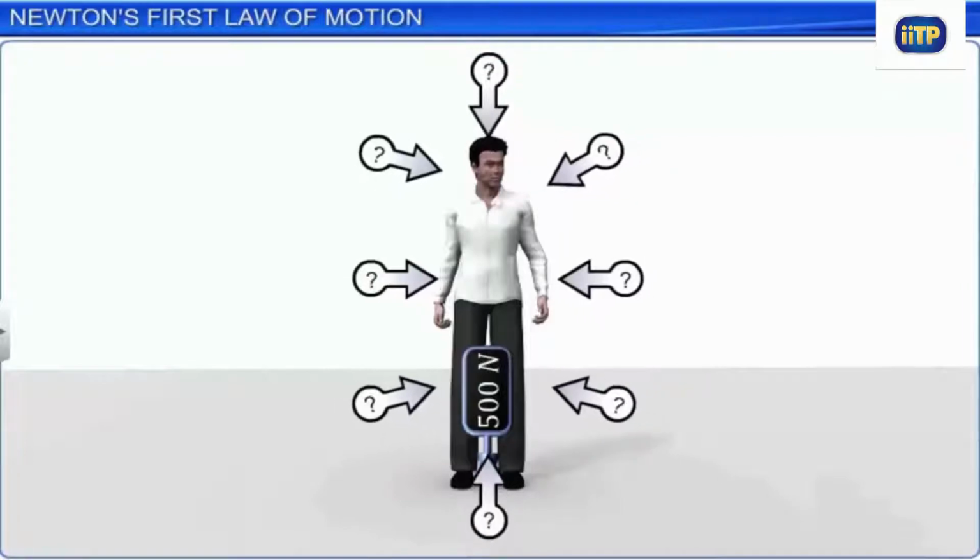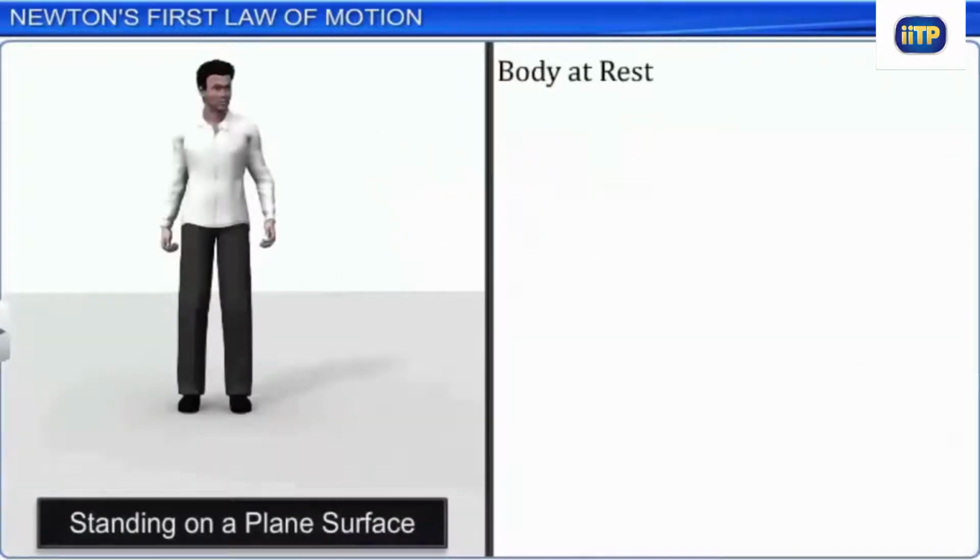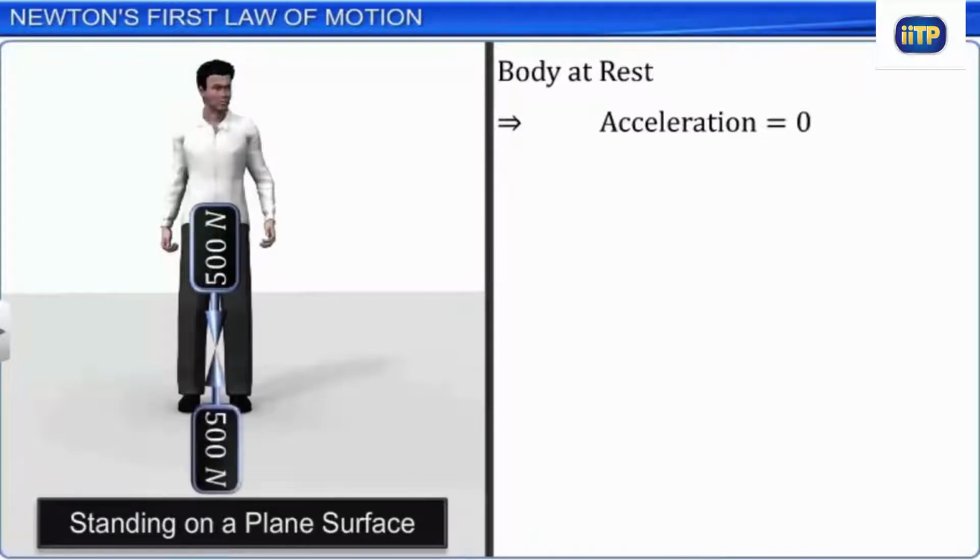You can now apply the knowledge from this module to analyze these situations. You are at rest. That means your acceleration is zero. Since you have already identified one external force acting on you, that is, your weight acting vertically downwards, there must be at least one more force which is equal but opposite to your weight, so that the net external force acting on you is zero.